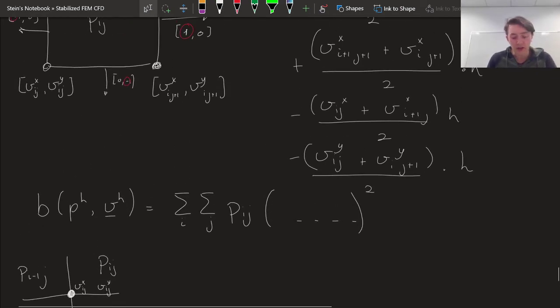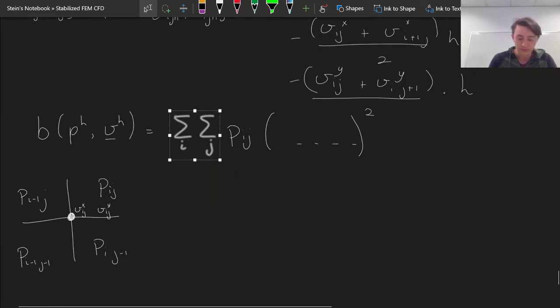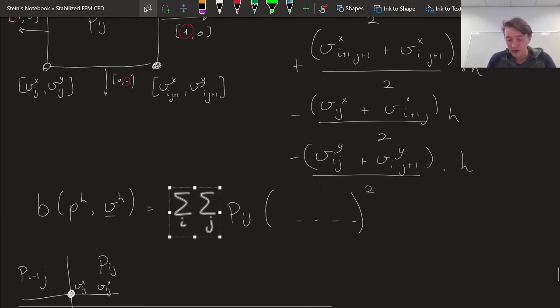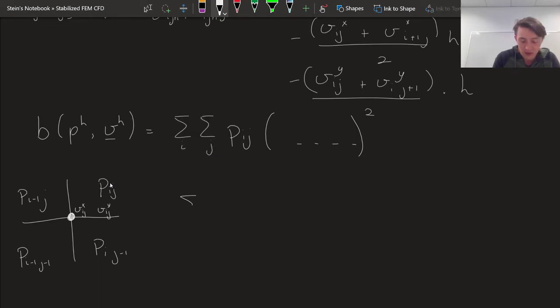So rather than taking this sum to be a sum over all the elements, I can also take it as a sum over all the nodes. And that means that I'll have to sum all the different multiplications with the different pressures on each one of the elements. So I'll write this out first, and then I'll emphasize why that is the case. So this is going to be the same thing as the sum over i and the sum over j, where I'm now taking my node to be my center of focus.